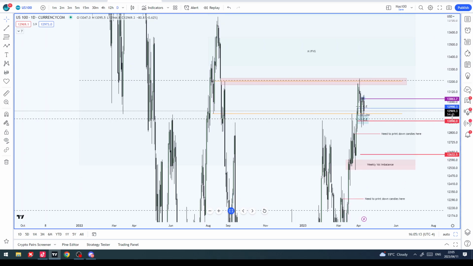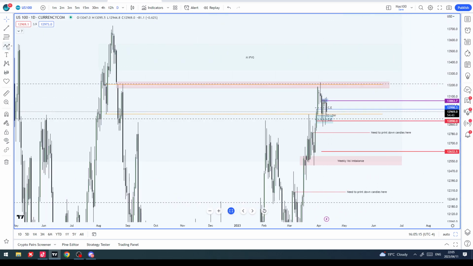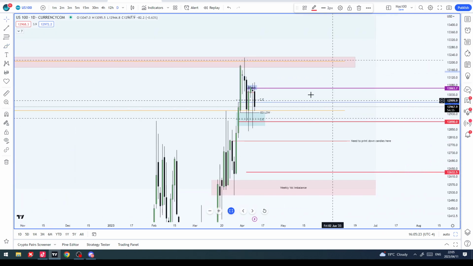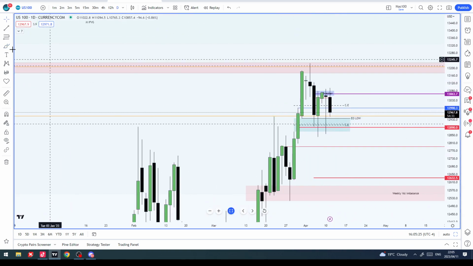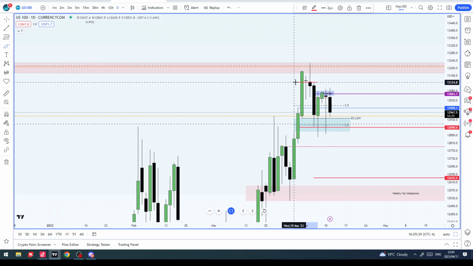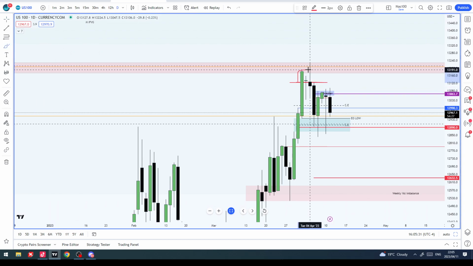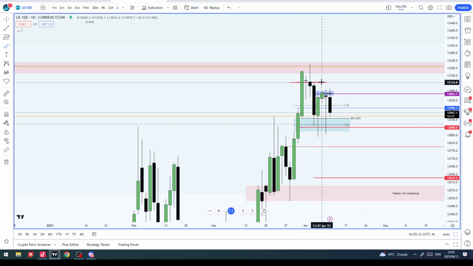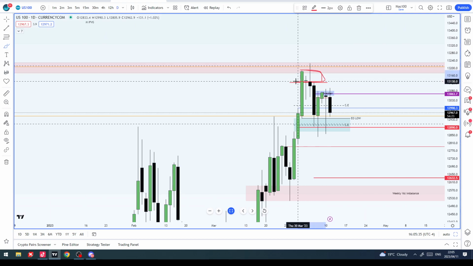We still haven't completely closed the volume imbalance on NAS here. If you look up here, look at it closely as well. Everything above here, all running on buy side. Volume imbalance here to here, which means they need to print down candles in this area and close the volume imbalance.